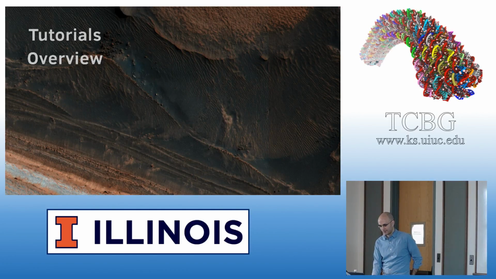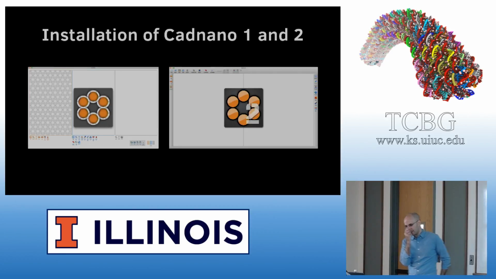Okay, so tutorials. I spent a lot of time last week writing tutorials for how to install Cadnano 1 and 2. And we use both of them side by side. There are some things that Cadnano 1 is good at, like being stable and not crashing. And there are other things that Cadnano 2 is good at, like quickly editing structures.